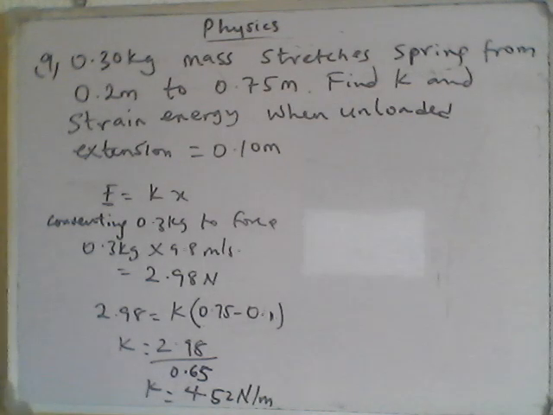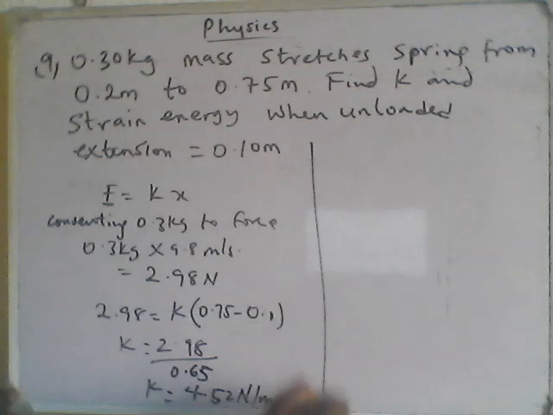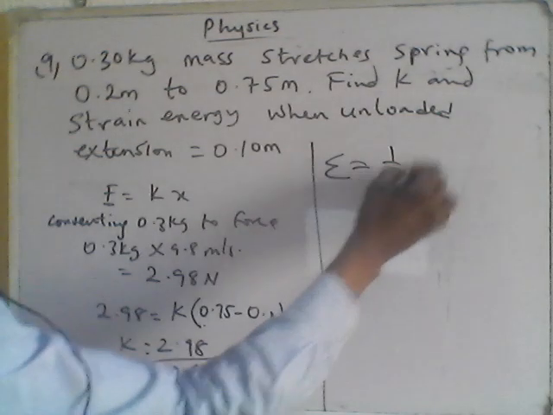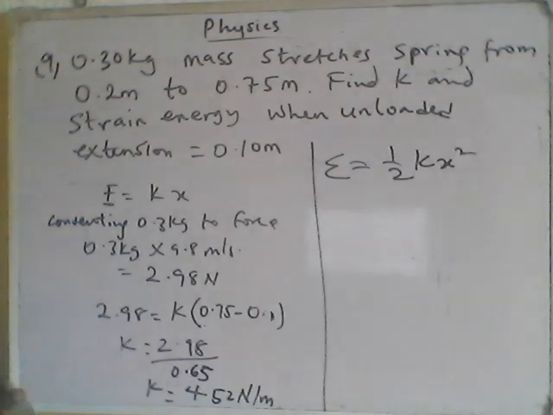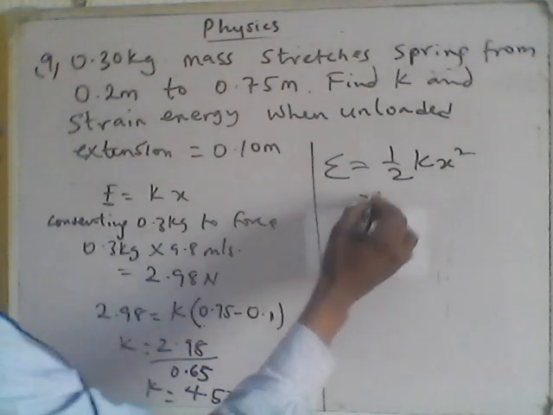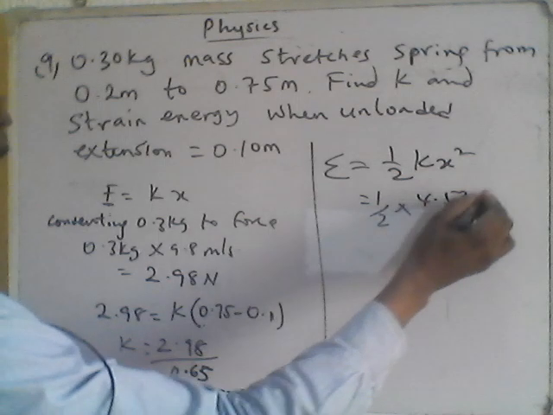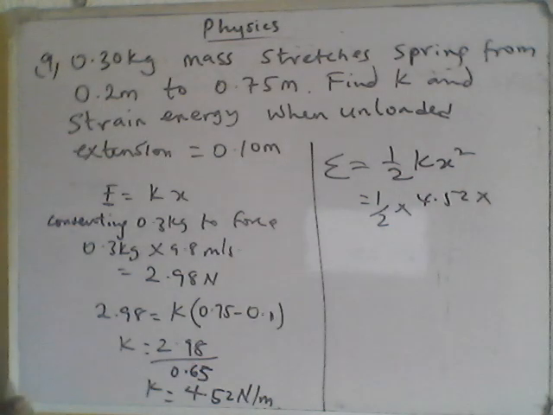Now, the next thing is to find the strain energy. Strain energy, E, is given as half Kx squared, half times K, which is 4.52, times x squared.